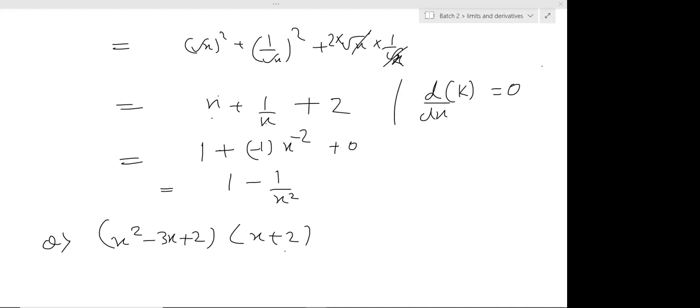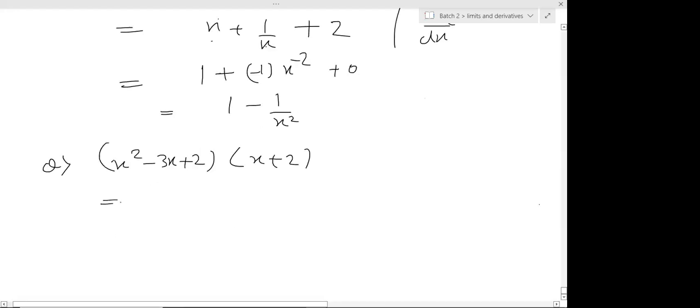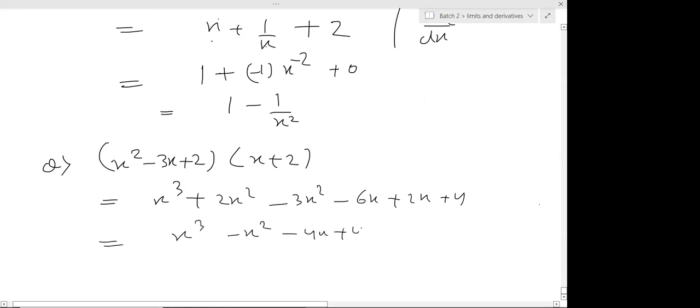Yes, Rahman, you can use the product rule, but you don't have to use product rule here. You can easily multiply, right? So x cube plus 2x square minus 3x square minus 6x plus 2x plus 4. If you multiply this, so this is x cube minus x square minus 4x plus 4. Now differentiate. So this is x raised to the power 3.